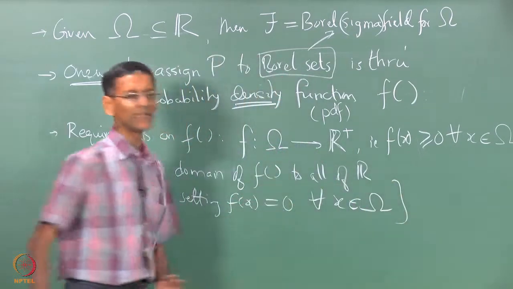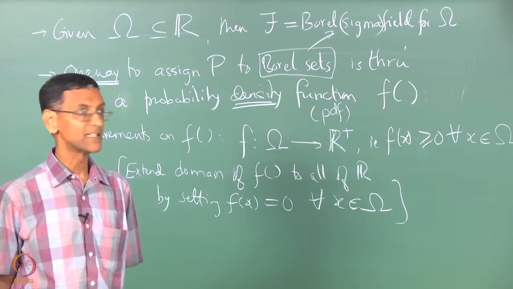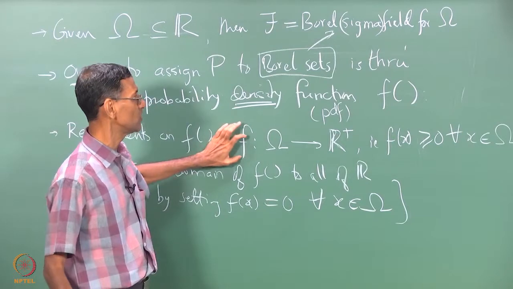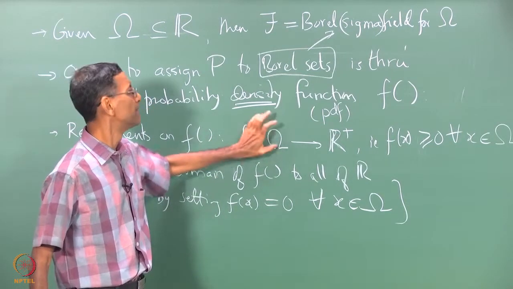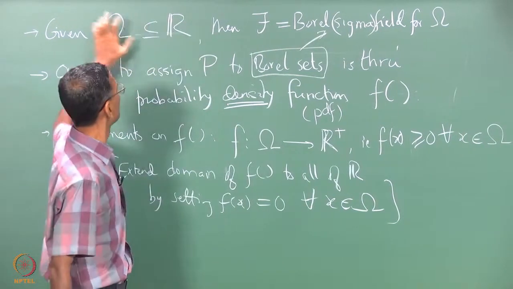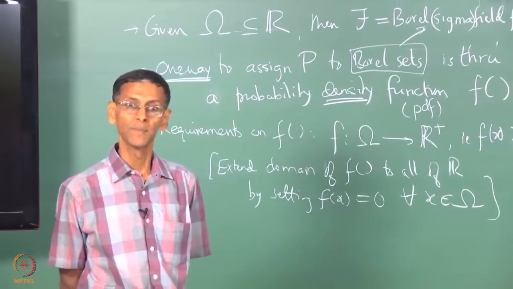So this is typically done just to keep our thinking straight, right. We have some function which takes non-negative values only or positive values only in the set omega, which is the portion of the real line that we encountered in an experiment.